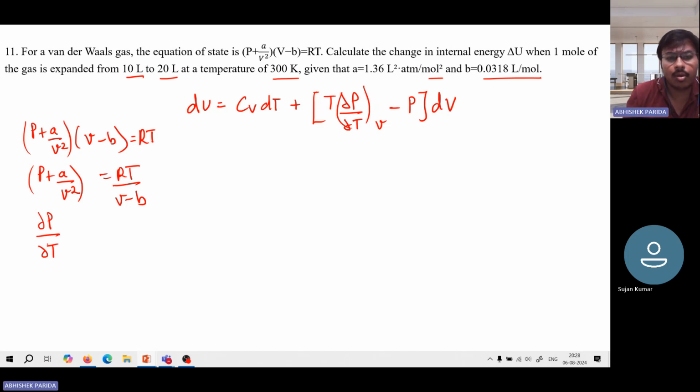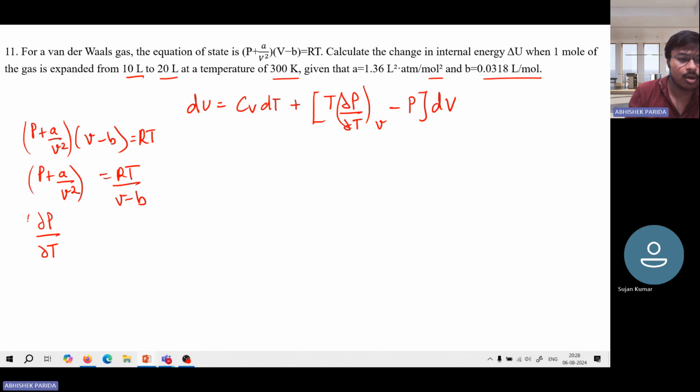So the generalized equation for internal energy is del U is equal to CV dT plus T dou P by dou T at constant volume minus P dV. The van der Waals equation is P plus A by V square into V minus B is equal to RT.